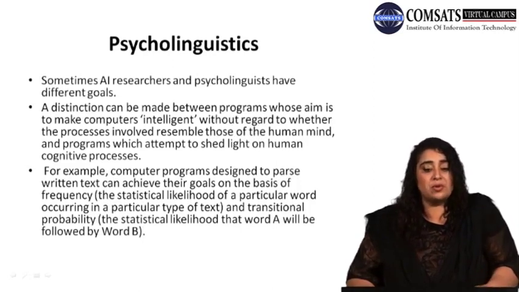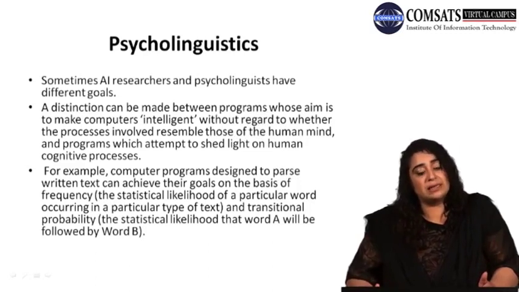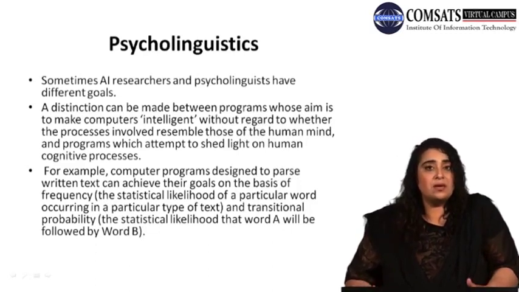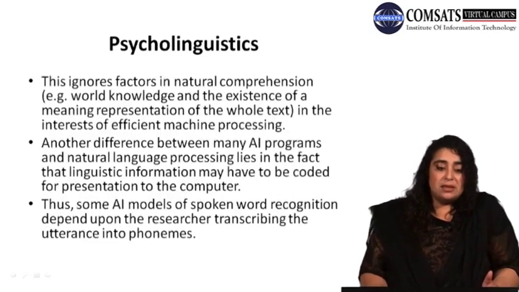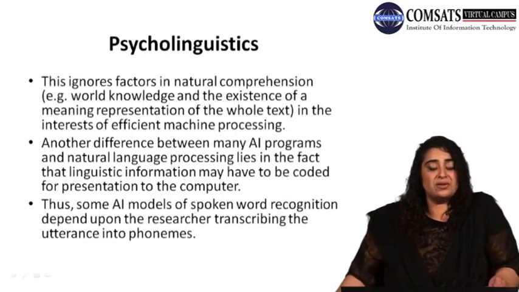For example, computer programs designed to parse written text can achieve their goals on the basis of frequency, the statistical likelihood of a particular word occurring in a particular type of text, and transitional probability, the statistical likelihood that word A will be followed by word B. This ignores factors in natural comprehension, for example word knowledge and the existence of a meaning representation of the whole text, in the interest of efficient machine processing.